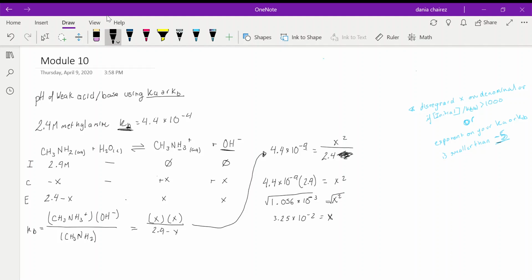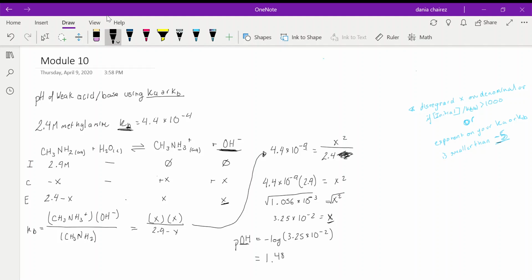In this case, we're going to be solving for pOH first, because that's what our x would be, substituting in here for OH. So we do the negative log of 3.25 times 10 to the negative 2, and that gives us 1.48.